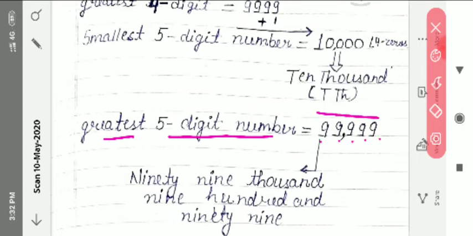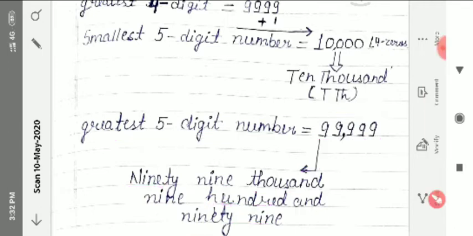When you are writing the greatest number, write 9 depending on the number of digits only. Here it is a 5-digit greatest number, so we will write 9 five times. And the naming word is 99,999.